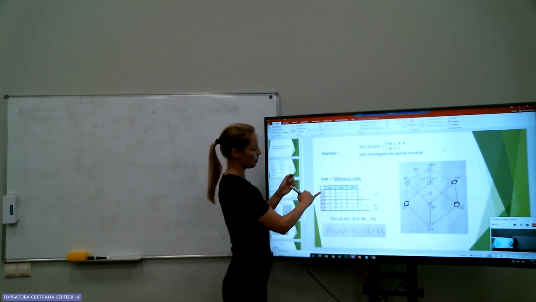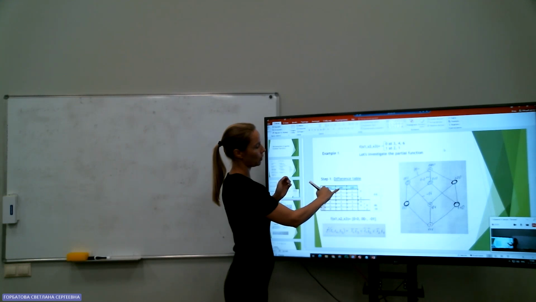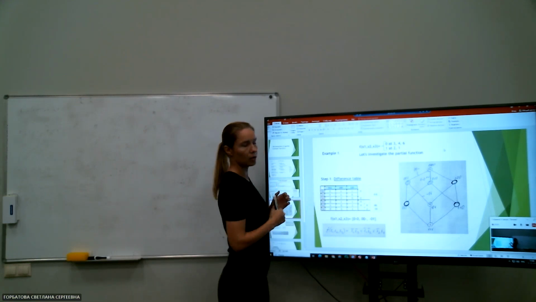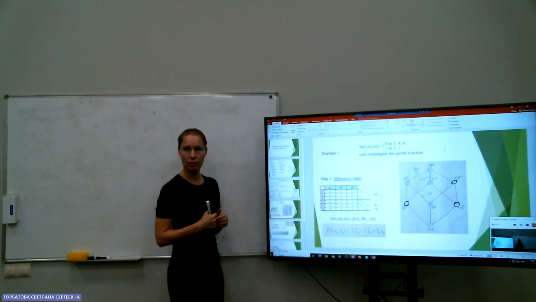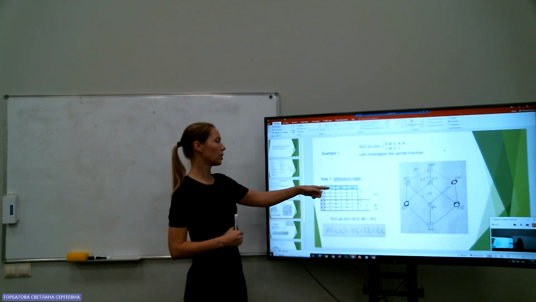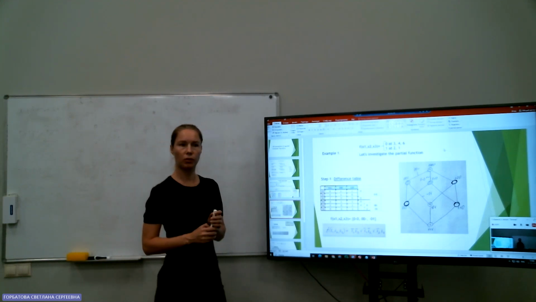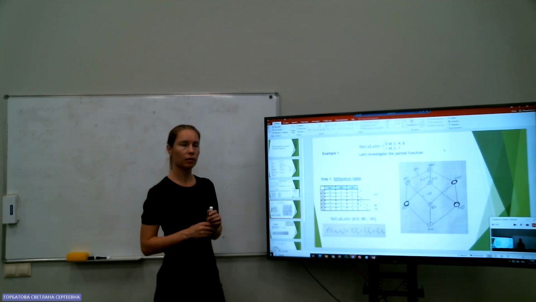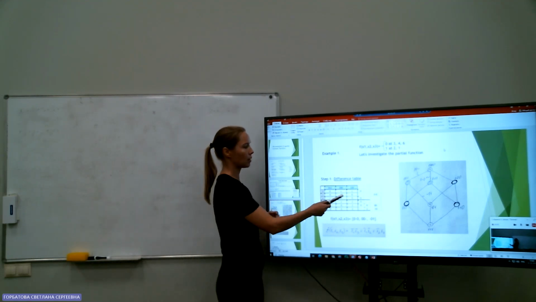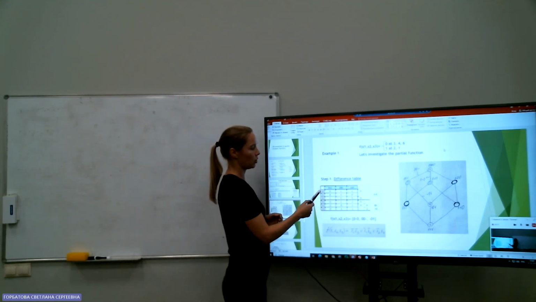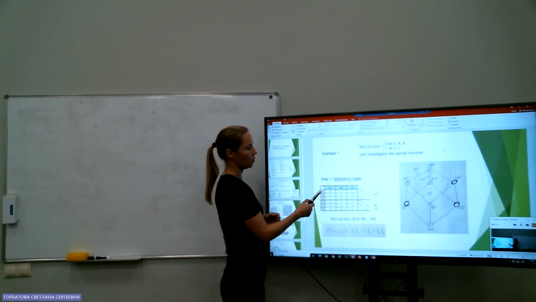So here is 0. The first position, it is 1. It is different digits. So here is 1 because of difference. The next, also first row, first position, 1, 0, difference, and so on.